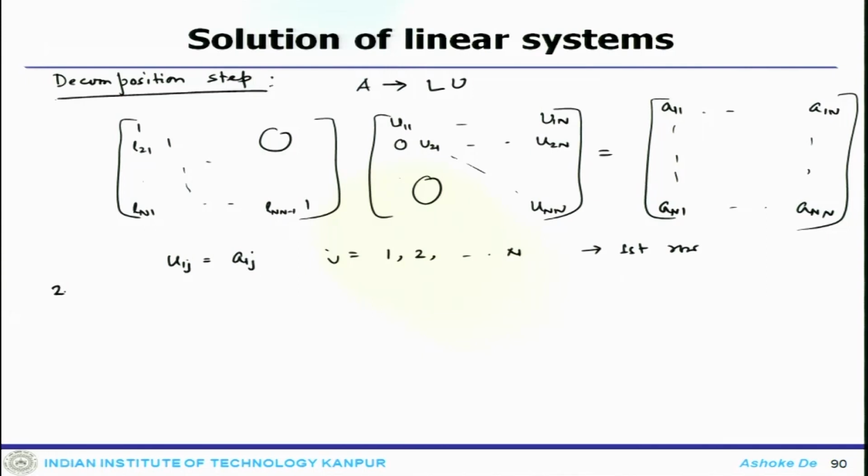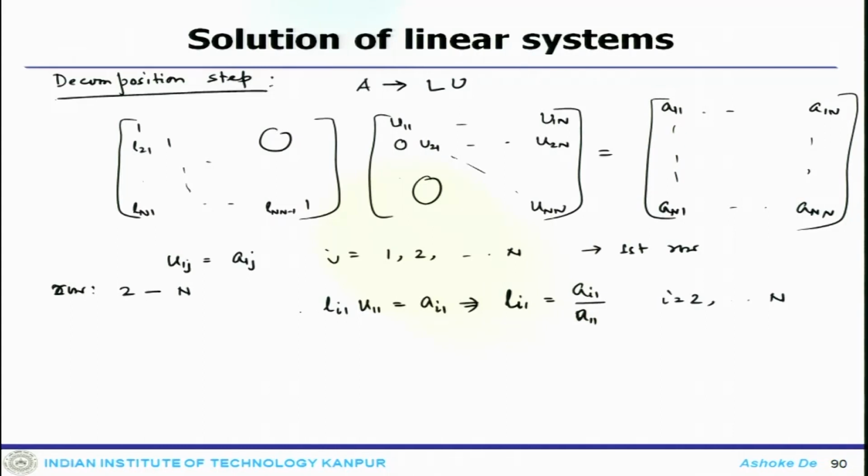Now for rows second to n, one can find out by multiplying L by the first column of U, which will lead to Li1 u11 equals ai1, which gives Li1 equals ai1 by u11, where i goes from 2 to n.